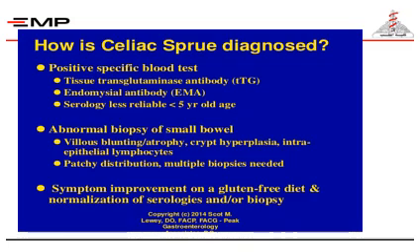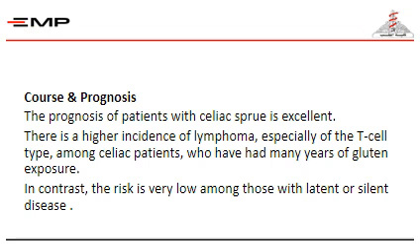Symptoms improve on a gluten-free diet, and normalization of serology and/or biopsy occurs. In general, the prognosis of patients with celiac sprue is excellent, but there is a higher incidence of lymphoma, especially of the T cell subtype, among celiac patients who had many years of gluten exposure.